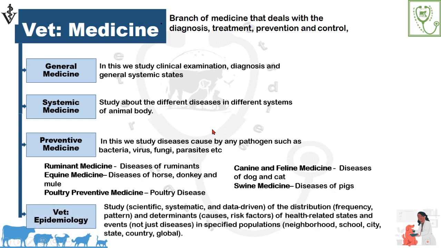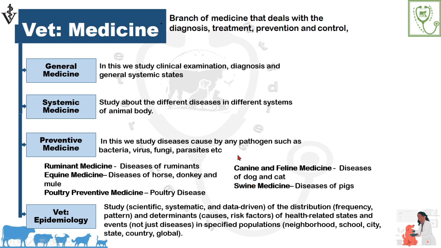Veterinary epidemiology. Simply, it is the study about the animal population at the time of outbreak of disease, or it is the study of the distribution and determinants of health related states and events in a specified population.